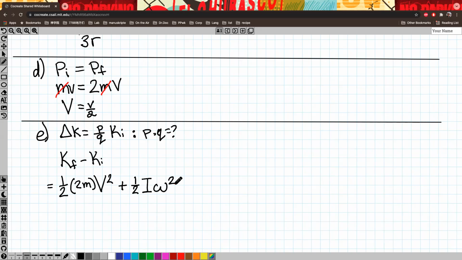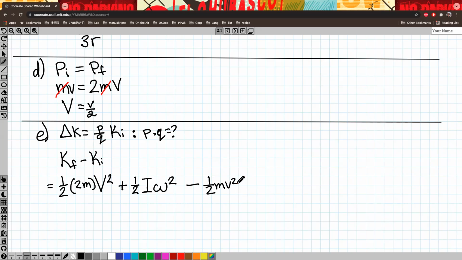And the initial kinetic energy? The initial kinetic. Oh wait. Wait a second. The initial would be half of mv squared.